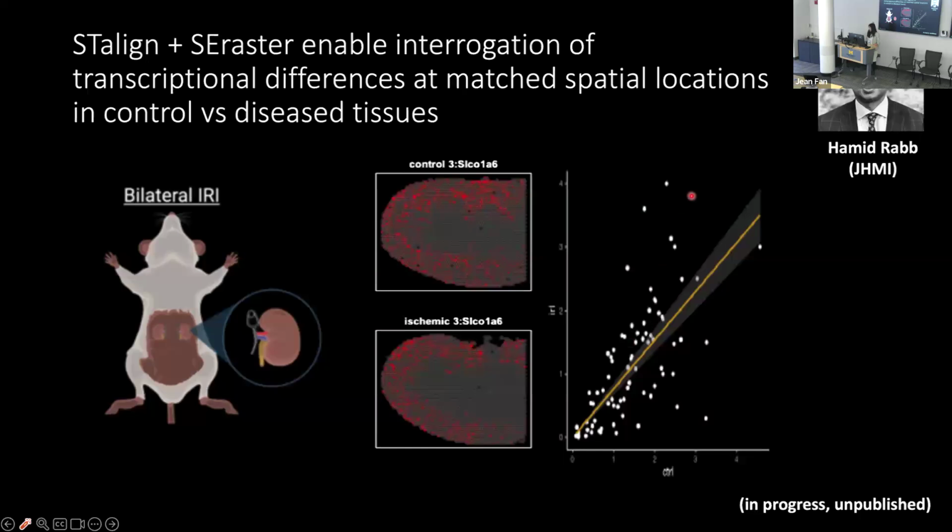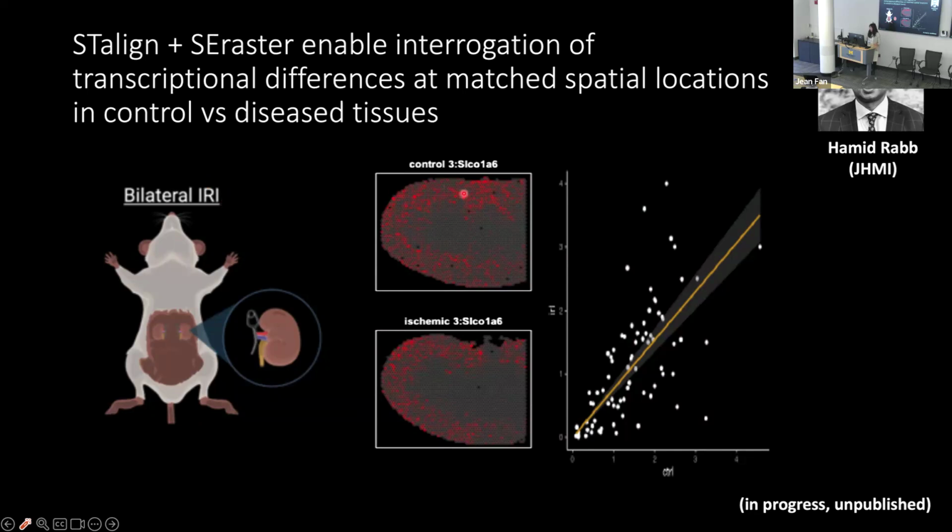We're very fortunate to be collaborating with Hamid Rab, a nephrologist at Hopkins, where we've been able to do spatial transcriptomics on a murine model that he has, with healthy control mice, but also mice that have been subjected to this reperfusion injury that is a model for acute kidney injury.